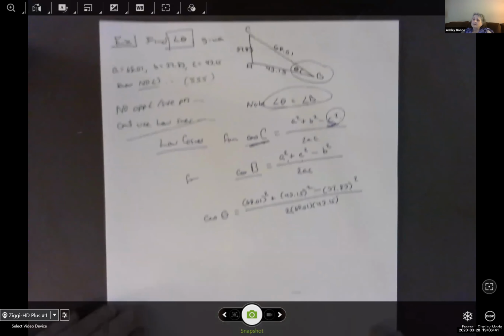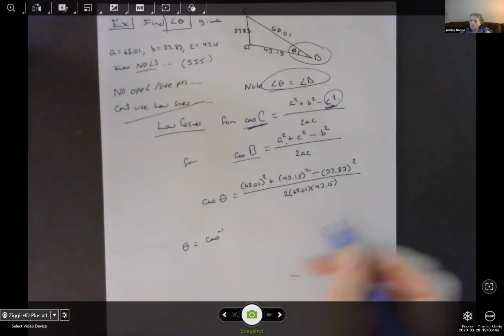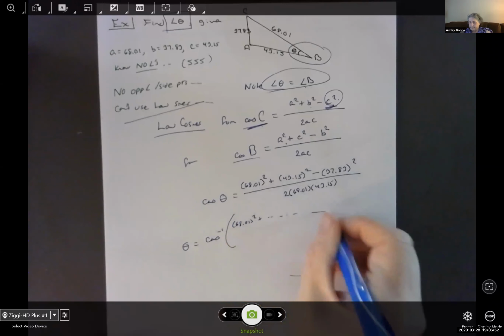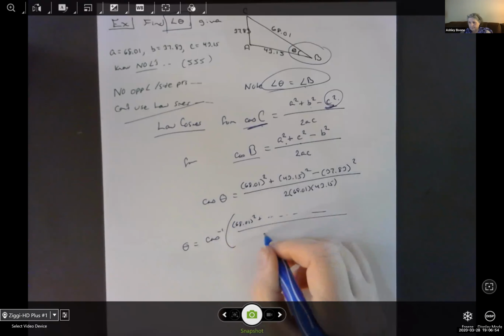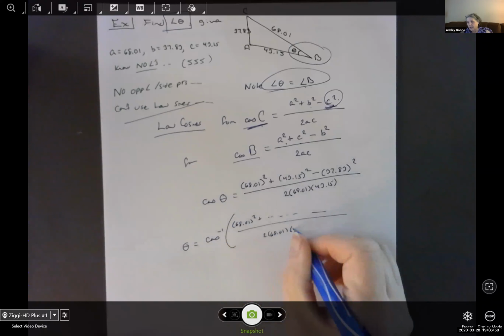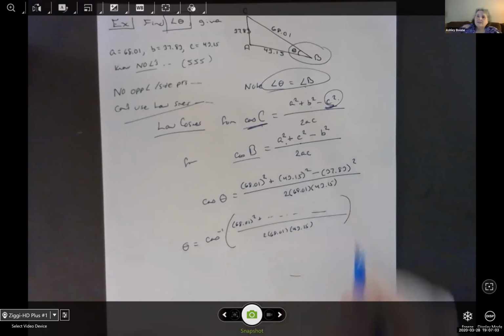And that means that theta is going to be the inverse cosine of this whole big old fraction. Now, calculator-wise, we can do this a couple of ways.